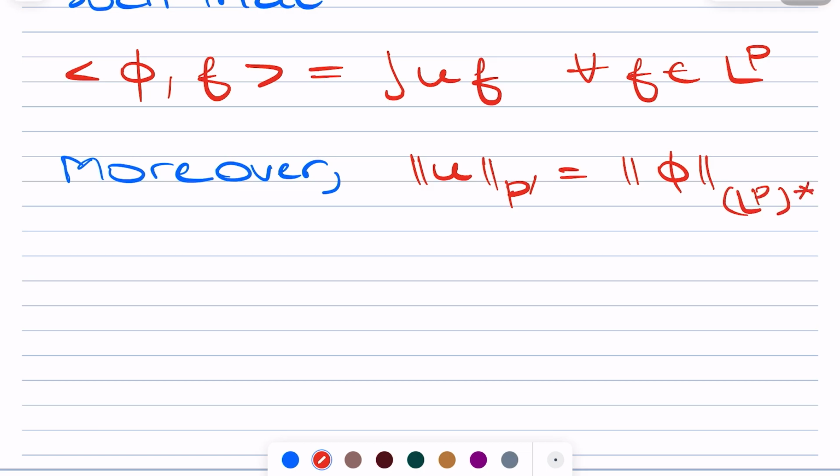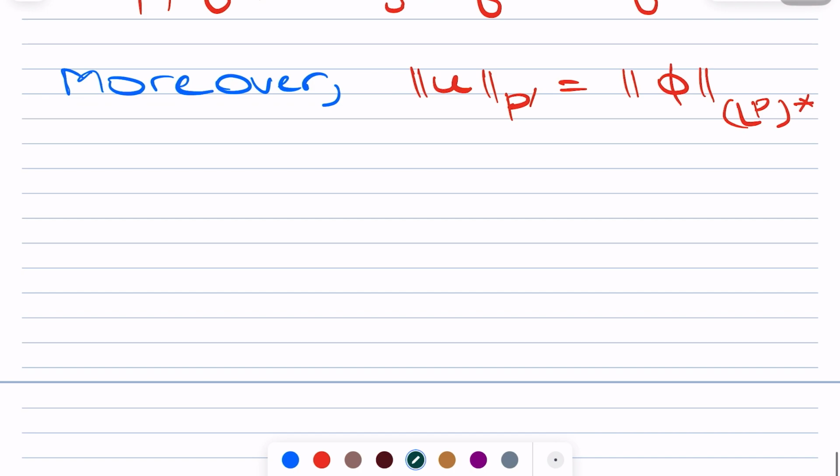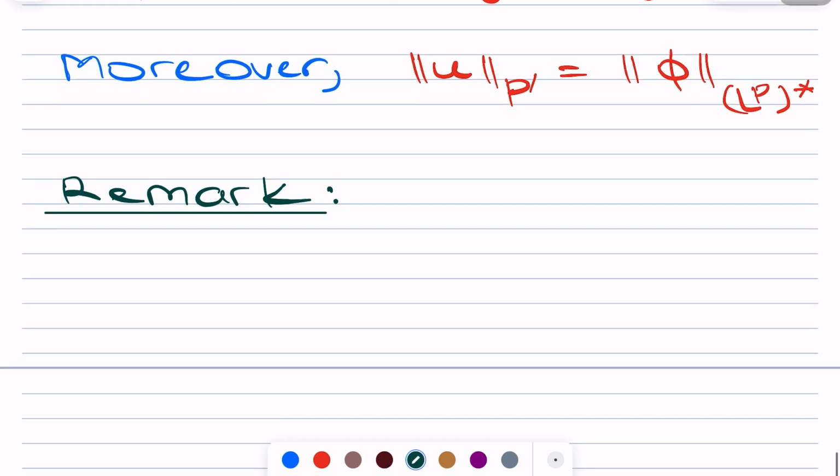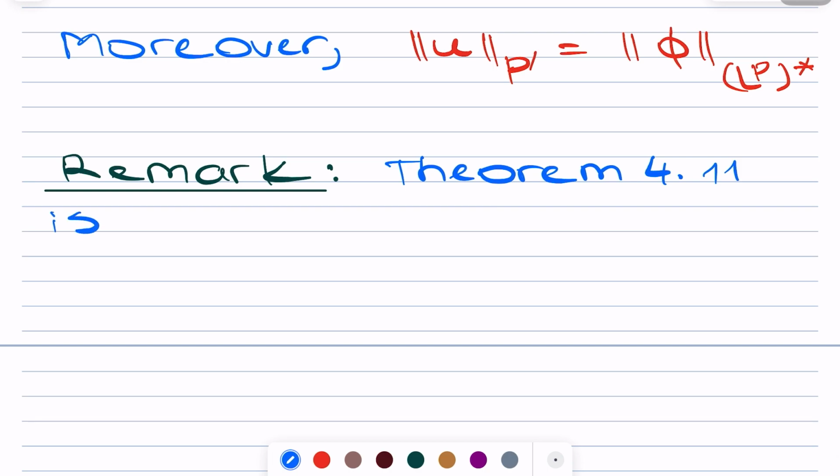Good. So before diving into the proof, let's have a remark that will enhance our understanding of this theorem. Theorem 4.11, the Riesz Representation Theorem, is very important.